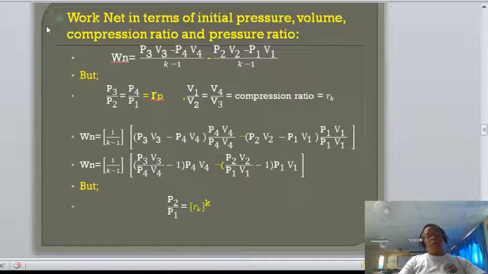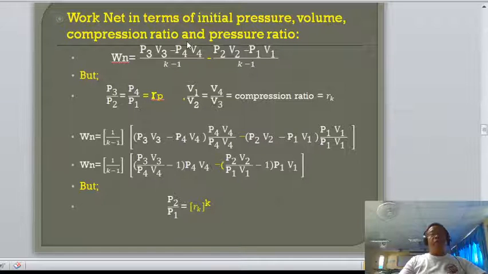So, for isentropic process, the work is, of course, (P3 V3 minus P4 V4) over k minus 1. So, this is for isentropic process.